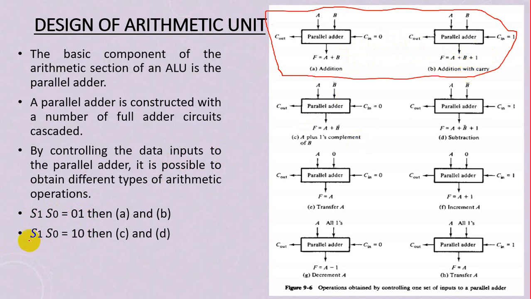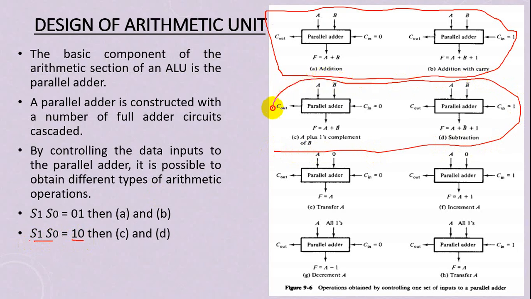When the selection pins S0, S1 are in this combination, we get the second set of two operations. In the second set, what we do is modify the input B to B bar.